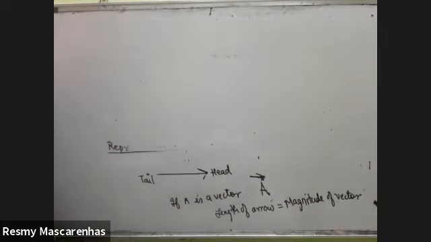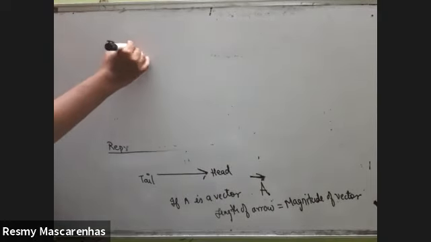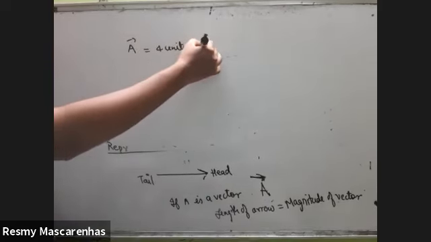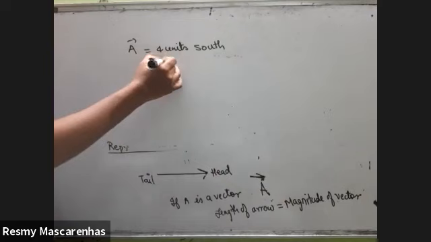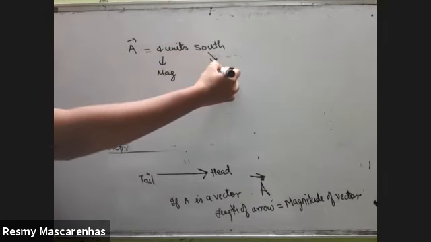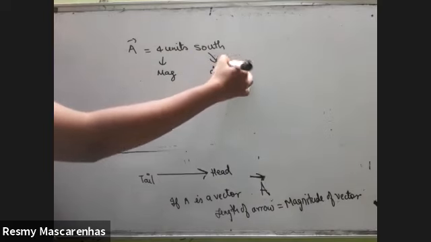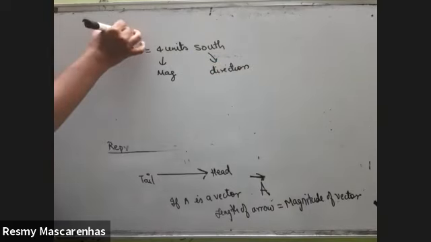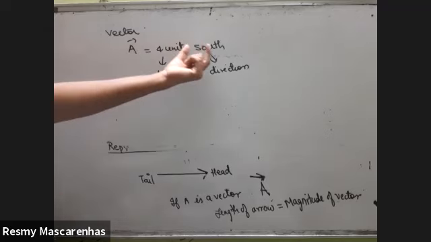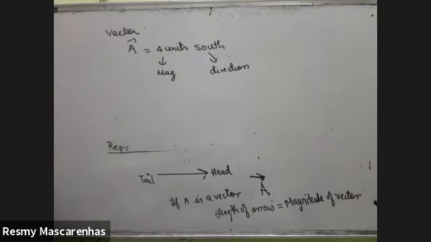So whenever I say 4 units south, this is the magnitude, 4 units, and this is always the direction. So this is a vector. Magnitude is only the value, and direction is for this representation.